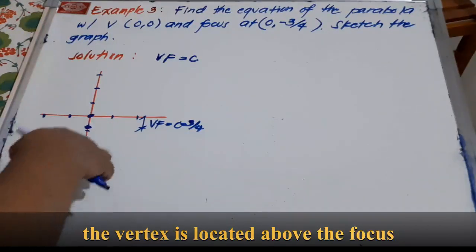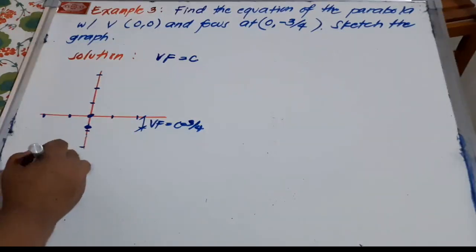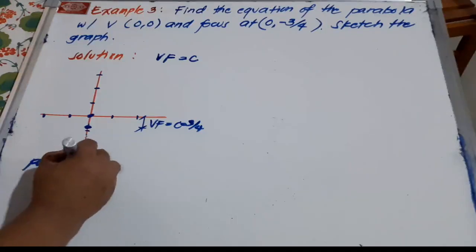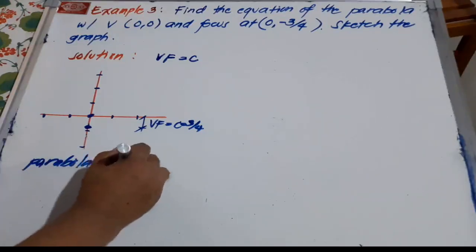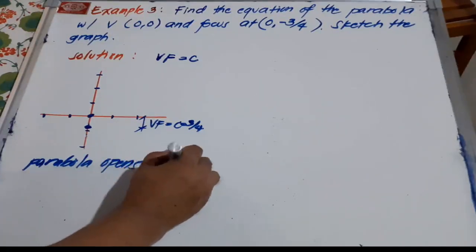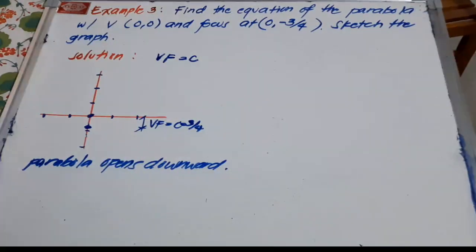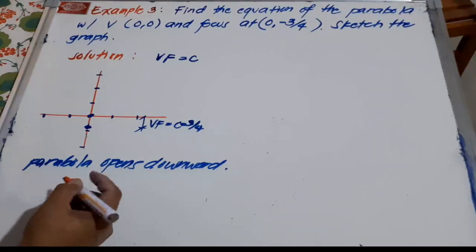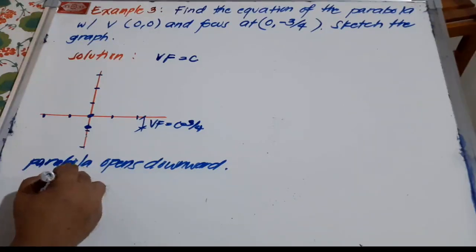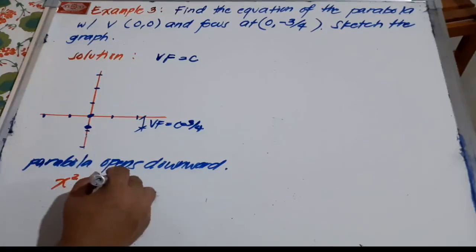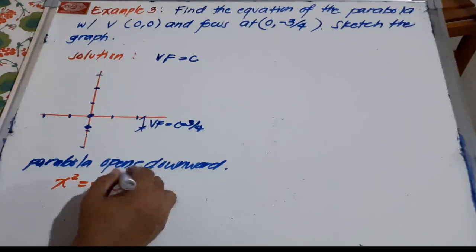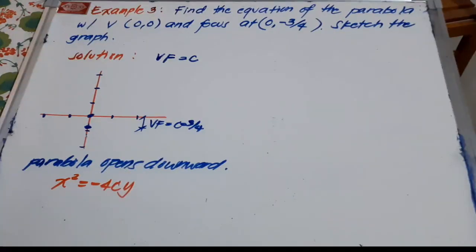Okay? So, pag ang parabola opens downward, ang kanyang standard form is x squared equals negative 4cy. Okay?